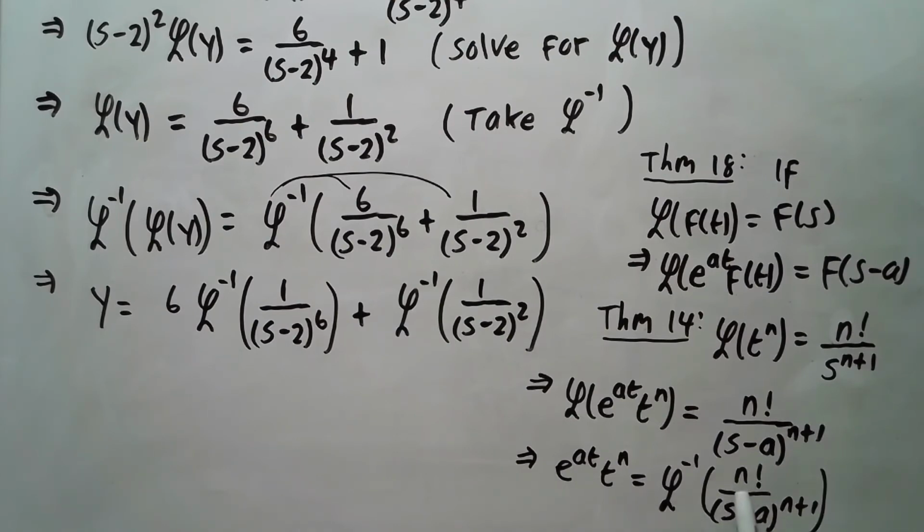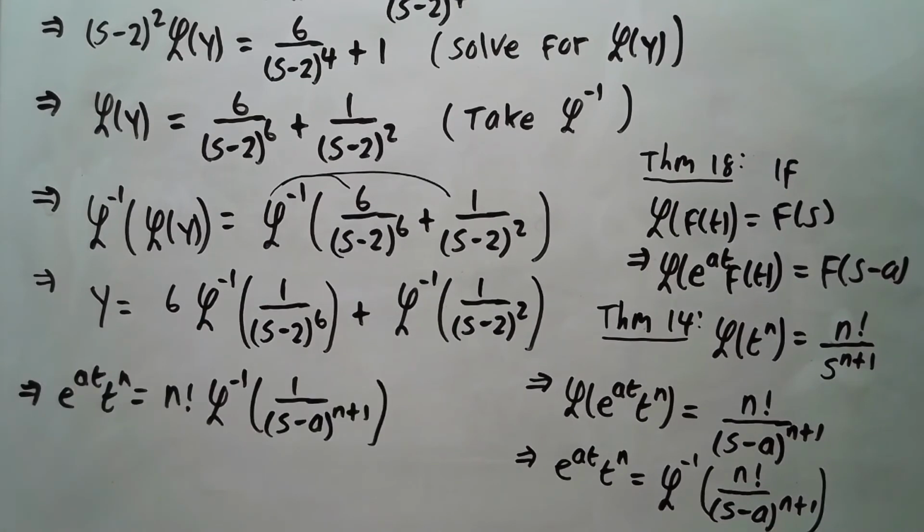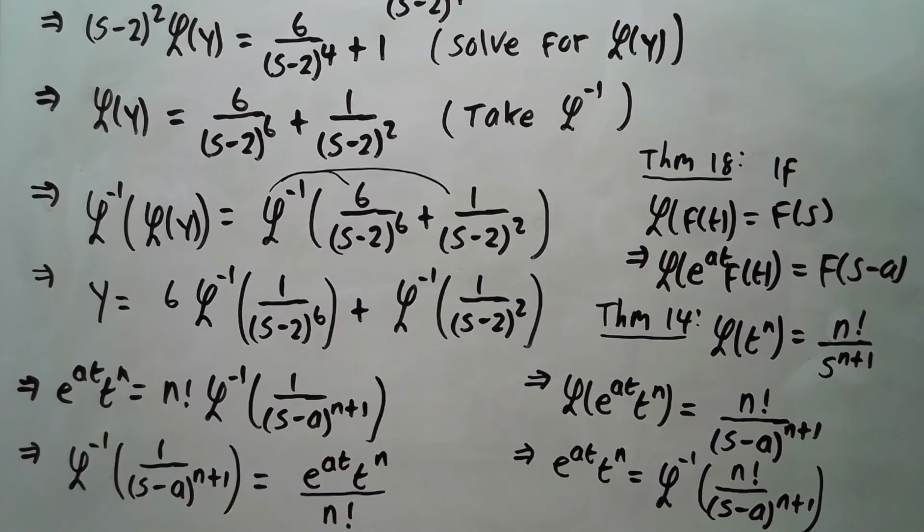I can pull out that n factorial outside, then divide by n factorial. So we'll then have the Laplace inverse of 1 over s minus a to the n plus 1 is e to the at times t to the n over n factorial. We could then apply that to these two guys here. Okay, I'm out of space, so let me erase a few things and we'll keep going.